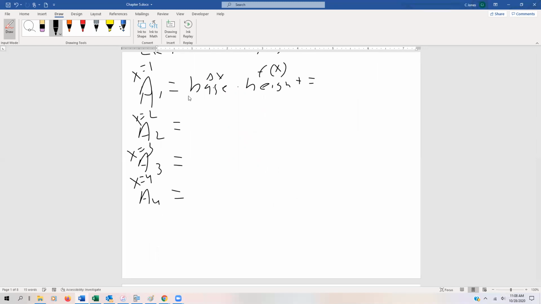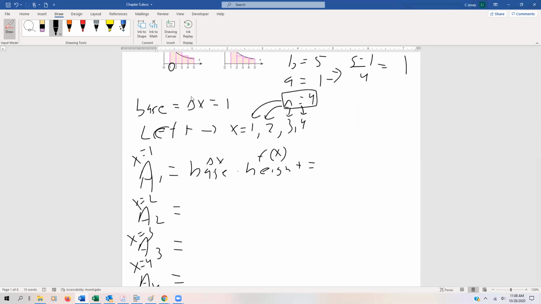So base times height: base is 1, and the height is going to be 3 over 1. Remember, our function is 3 over x. And that's just going to be equal to 3. Our second area, base is 1, the height is 3 over 2, using 2 there, and that's going to be 3 halves.